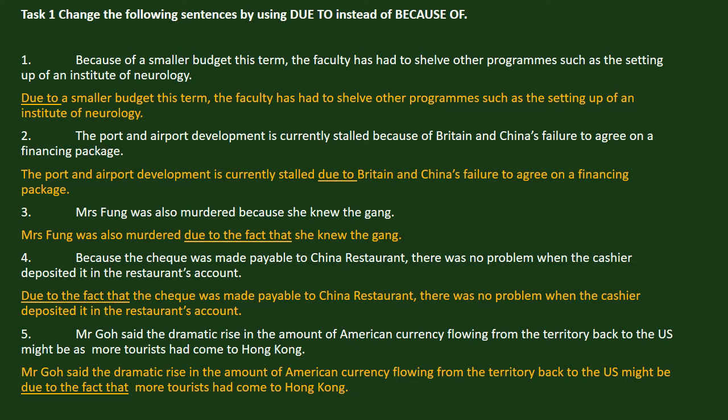Due to the fact that the check was made payable to China restaurant, there was no problem when the cashier deposited it in the restaurant's account. 5. Mr. Goh said the dramatic rise in the amount of American currency flowing from the territory back to the US might be due to the fact that more tourists had come to Hong Kong.